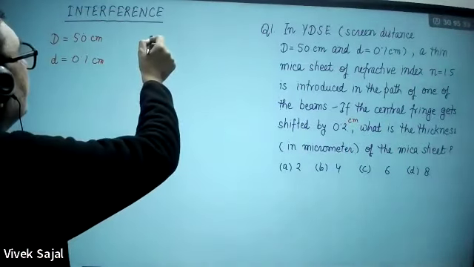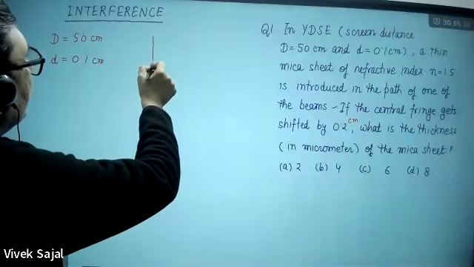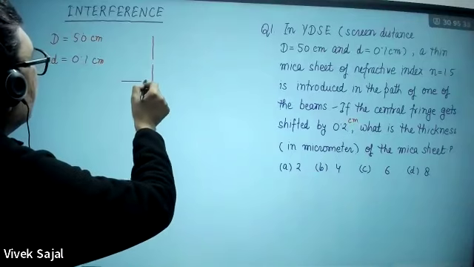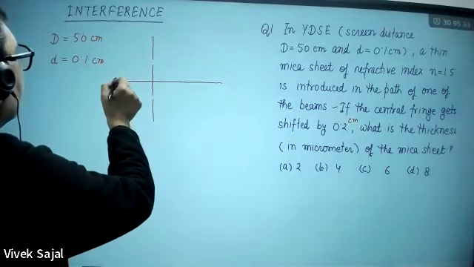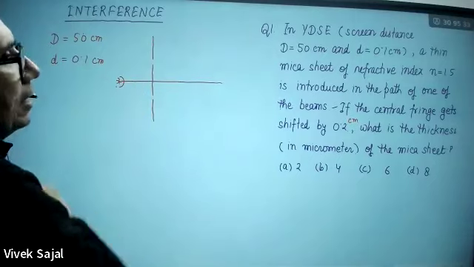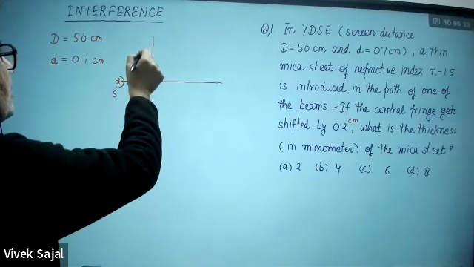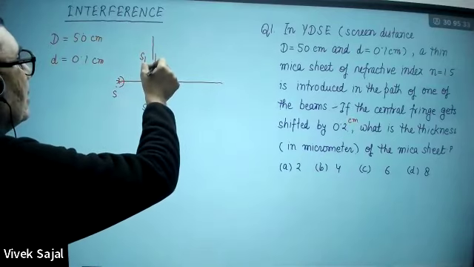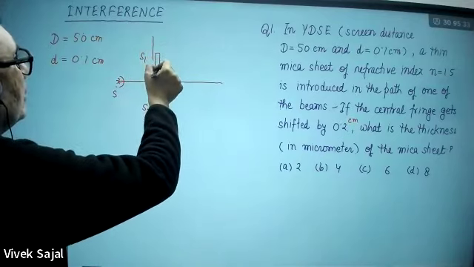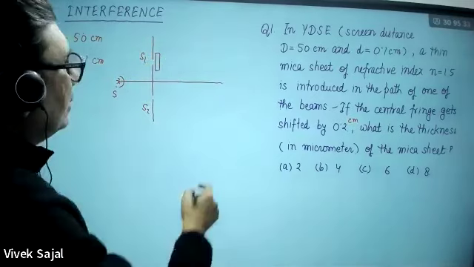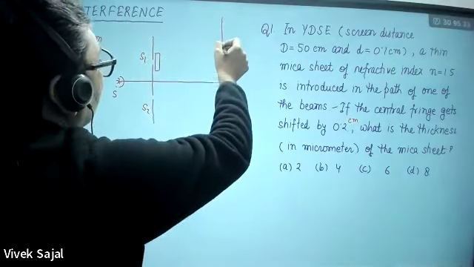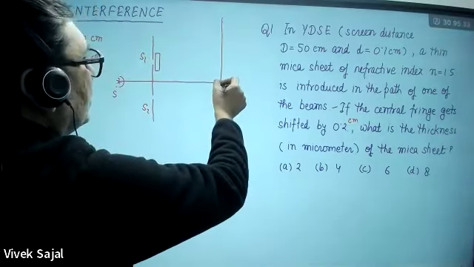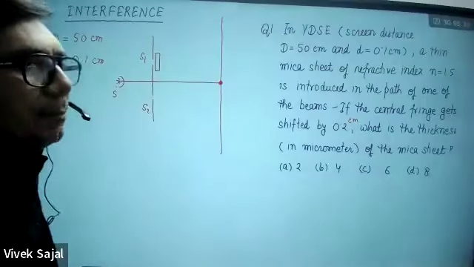So what they are saying here, in YDSE experiment, you are having two slits like this. This is the symmetrical line. This is source S1, S2. So if you place a mica sheet in front of one of the slits, then the central fringe, which was placed here, central fringe was here without the mica sheet.